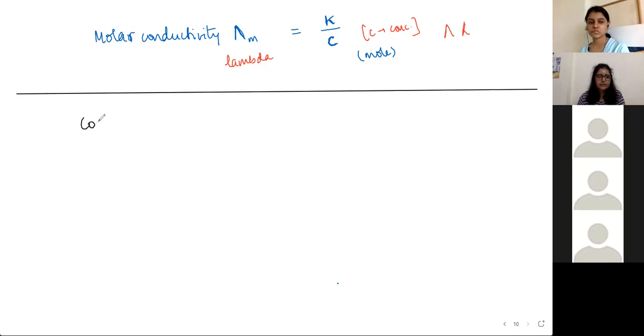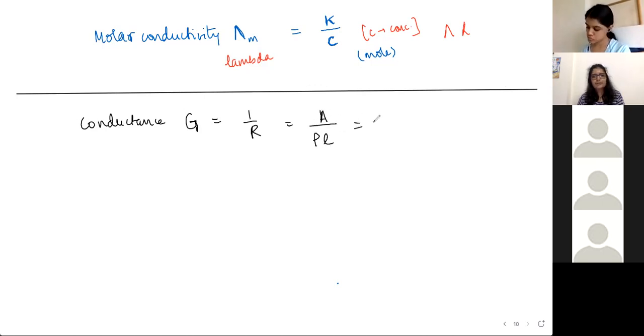So first we came across conductance. Conductance is the opposite of resistance, denoted by G, equal to 1 by R, the inverse of resistance. That is also equal to A upon rho L, which you can write as conductivity into A by L. Conductivity here is the inverse of resistivity, also called specific conductance.